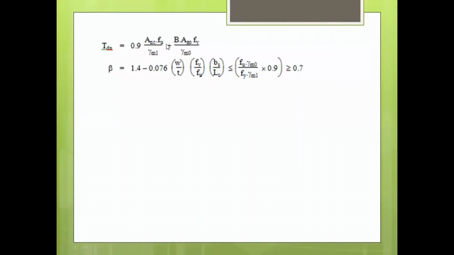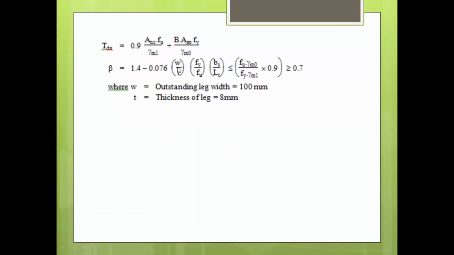So beta is evaluated using this equation. This equation has also been given in IS 800. You need to remember this equation, or locate it in the IS code. Here W is the width of the leg. Let us see the meaning of each and every term.